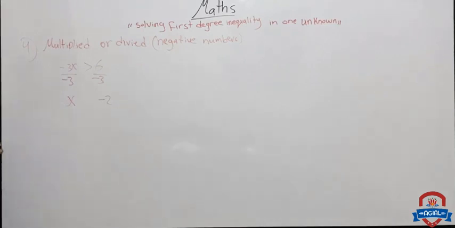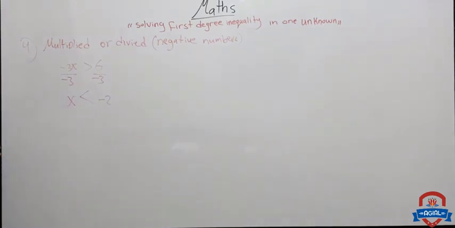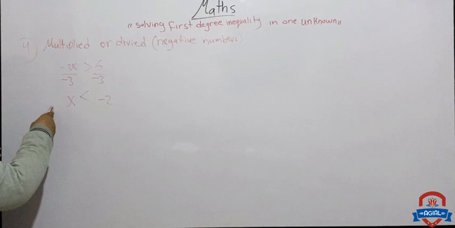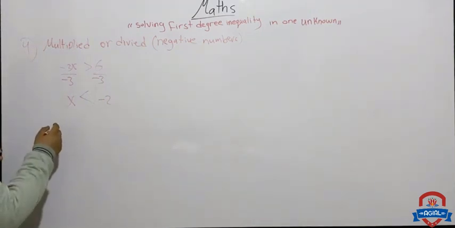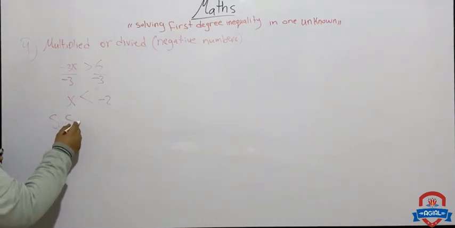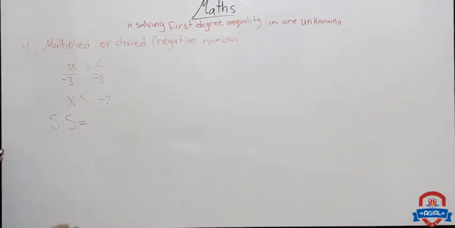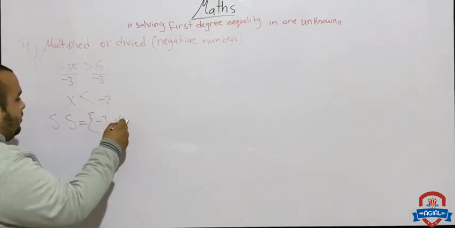And now we should reverse the inequality. So the solution of this inequality equals the numbers less than -2. So the solution set in the set of integer numbers equals the set of -3, -4, -5, and so on.